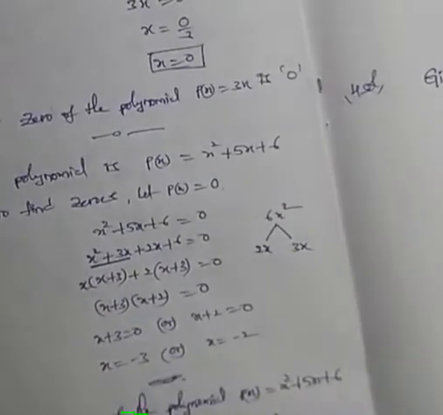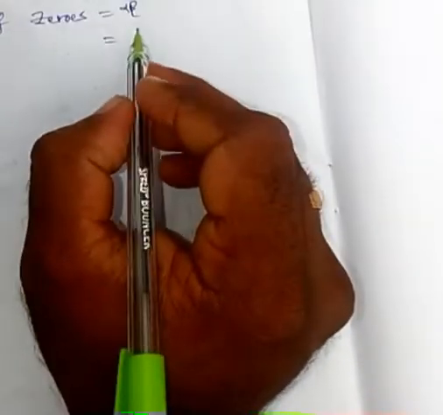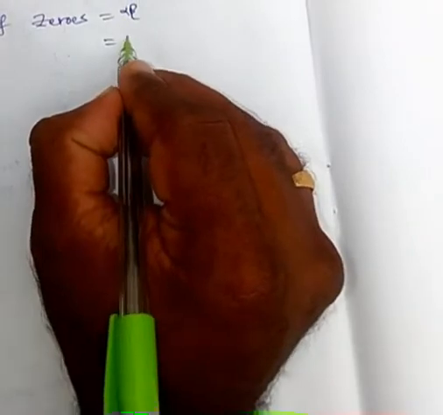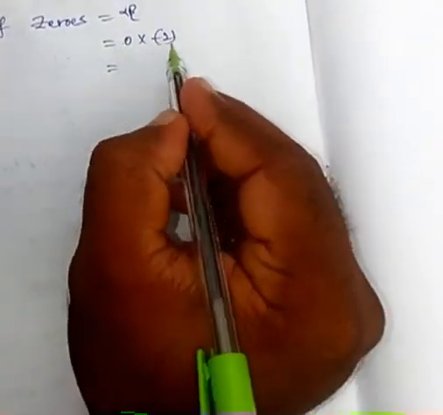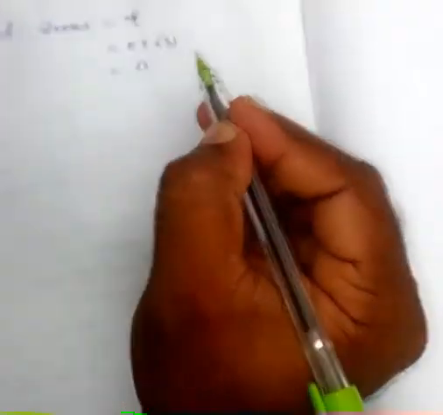So substitute the values in the places of alpha and beta. You can get 0 into -2, and if you simplify this, you can get 0 into -2 as 0.